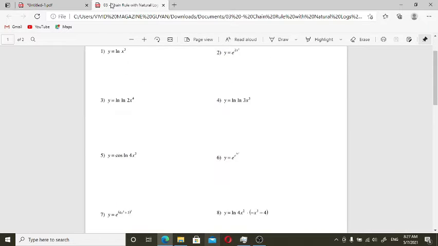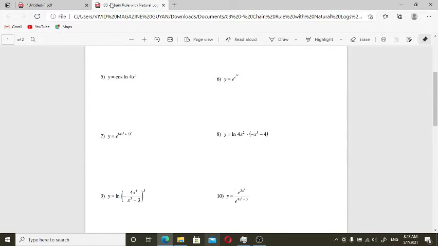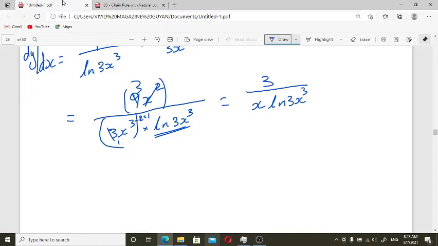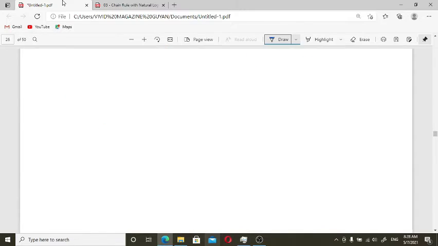All right, so now this is a combination, trig and ln, 4x cubed. All right, so let's go straight into it. So y is equal to cos ln 4x cubed.